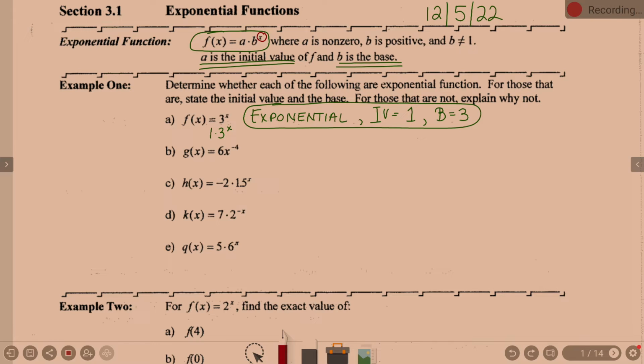If you remember from last chapter, this is what I would call a power function, because it's x to some power. So not exponential, and my reason is x is not the exponent.